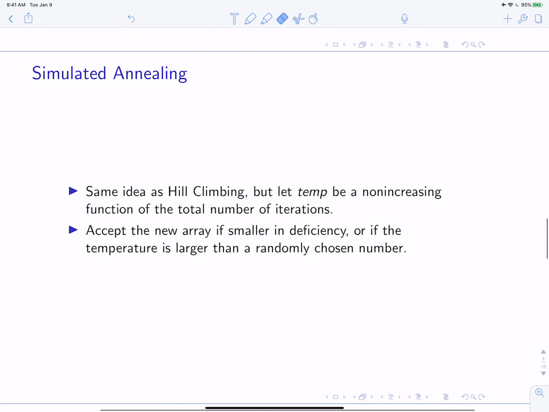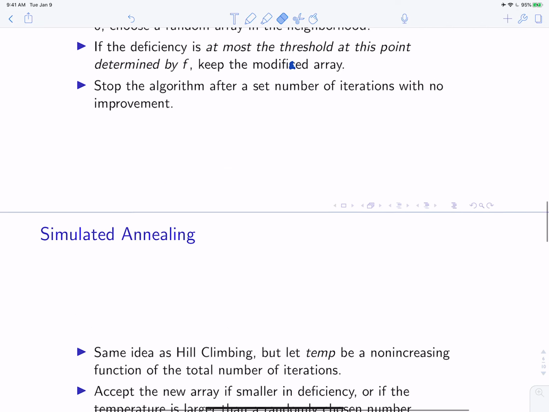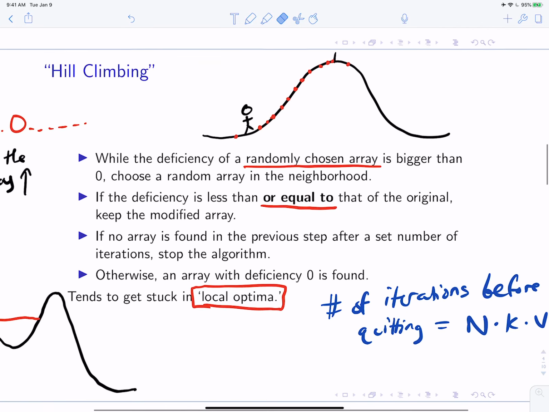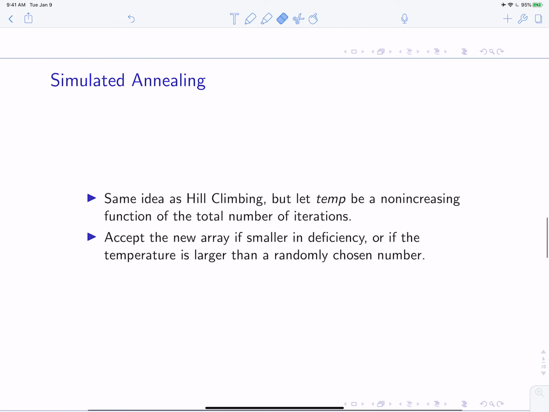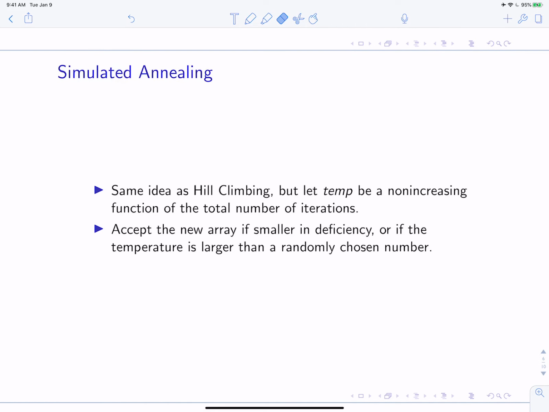Okay, so note that the previous 2 slides had 4 bullet points and this one only has 2. So you may think, well, simulated annealing is not very important. There are hundreds of papers on simulated annealing for covering arrays. So don't be fooled by the fact that there are only 2 bullet points here. It's a very important algorithm.